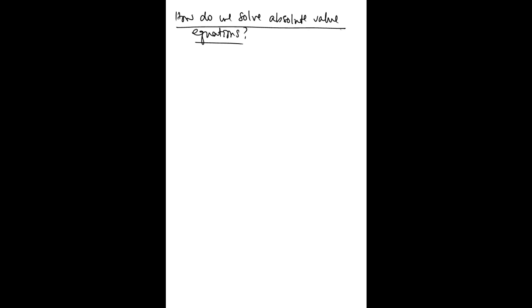Well, let's think about this for a moment. If I have an equation with an absolute value sign in it, and I want to solve for x, let's say, for example, then I'm going to need to get x by itself on one side. So if x is somewhere inside that absolute value sign, I'm going to need to find a way to rewrite the equation without the absolute value sign so that I can move x around, as it were.